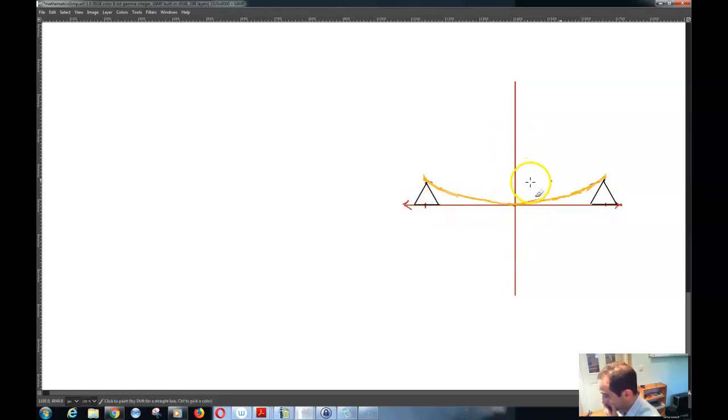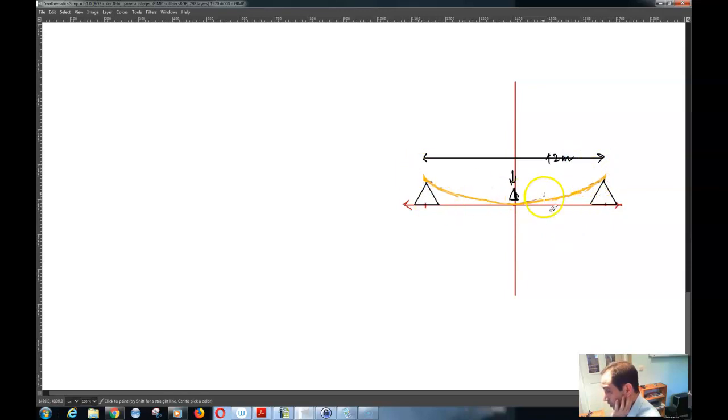The weight has been put over here exactly at the center, and these supports are 12 meters apart.